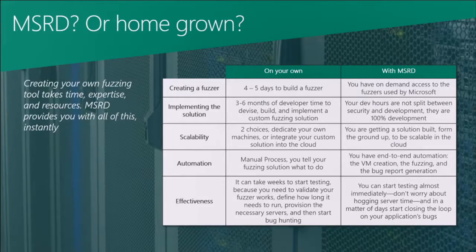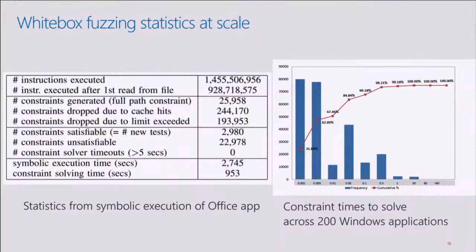Now, to give you an idea of the scale we're able to get to, here's some data from running that artificial intelligence I showed you on an Office application. This is an Office application that is opening a blank file, displaying the file, and then closing it. That's all it's doing.